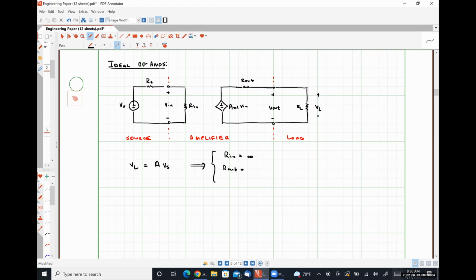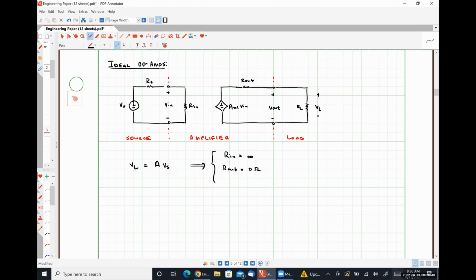Instead, we are going to replace R out with a short circuit or a 0 ohm resistance. In doing so, VL is exactly AVOL times VN, where VN is equal to VS when Rs is equal to 0. So we have our characteristic that we're looking for. Our load voltage VL is now equal to our open loop gain AVOL times our source voltage VS.